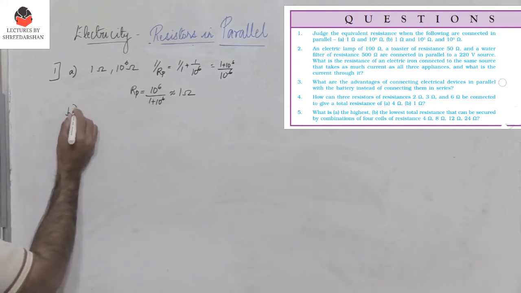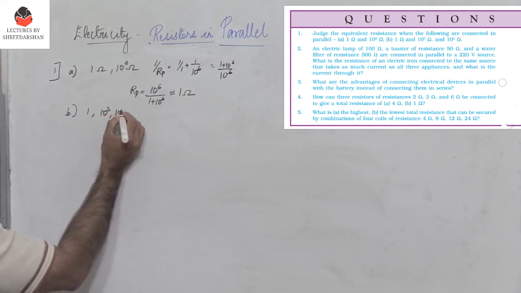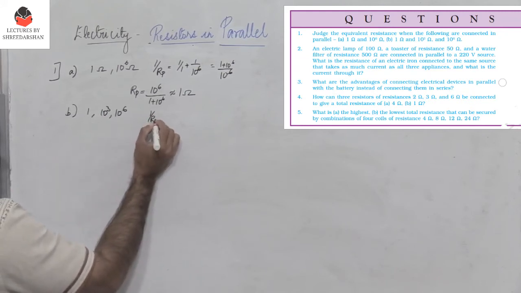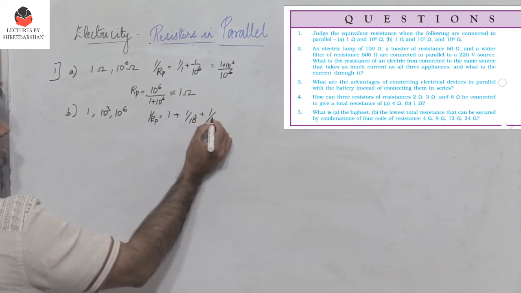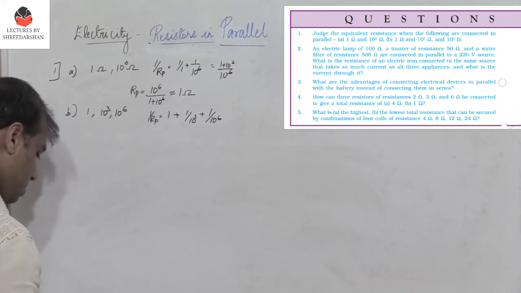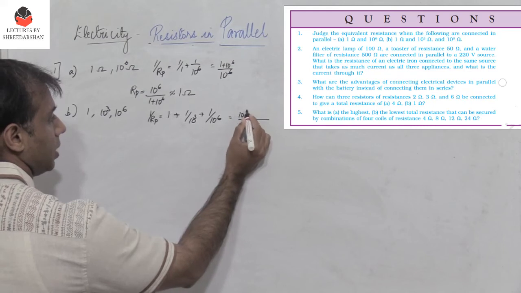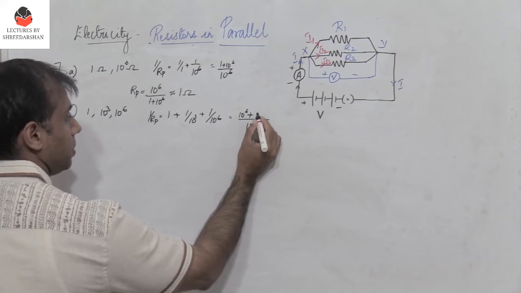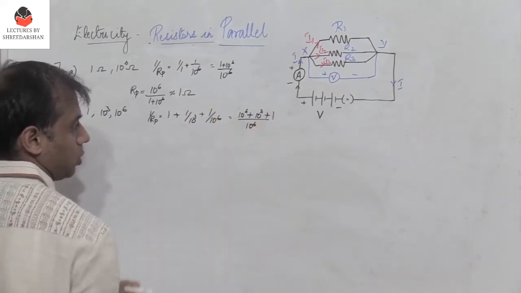Next, B, if I have 1, 10 power 3 and 10 power 6 which are connected in parallel. So I have 1 by Rp, which is 1, plus 1 by 10 power 3 plus 1 by 10 power 6. So here what happens? If I take 10 power 6, I get 10 power 6 plus 10 power 6 divided by 10 power 3, which is 10 power 3. 10 power 6 by 10 power 6 is 1, so I get 1.